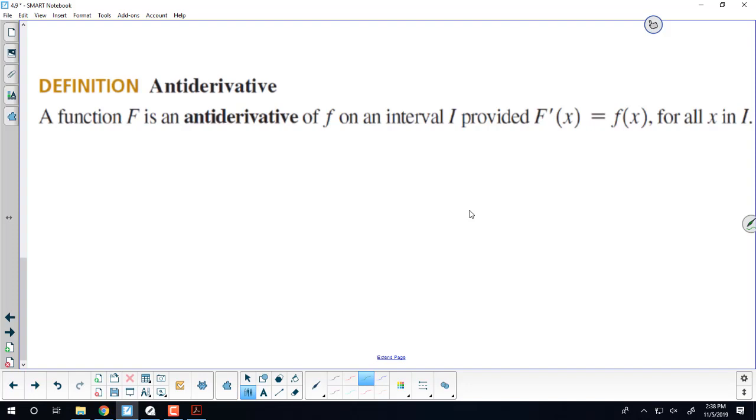In other words, and we'll talk about this a little more in detail, this piece right here is saying the derivative of the antiderivative is a given function, just like the square root of x squared is x.